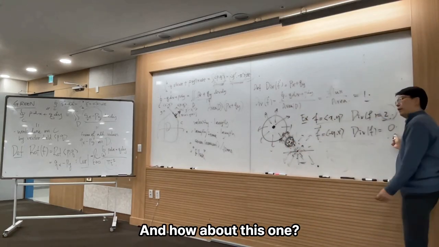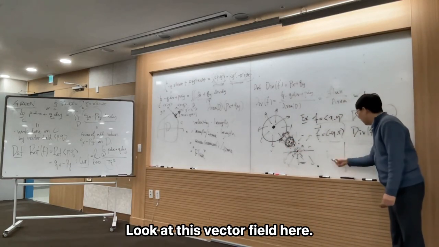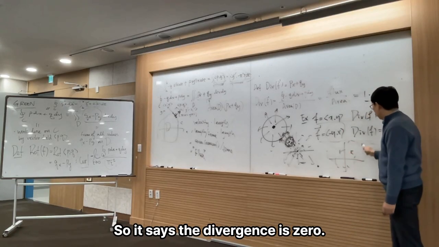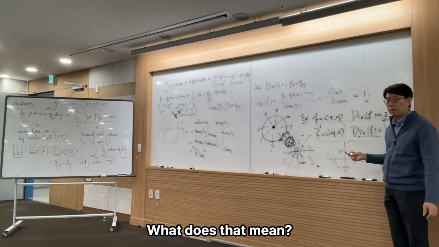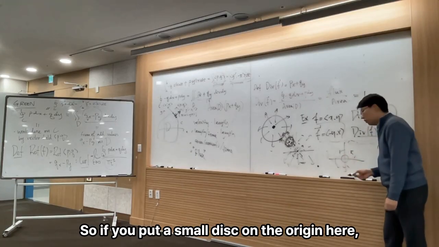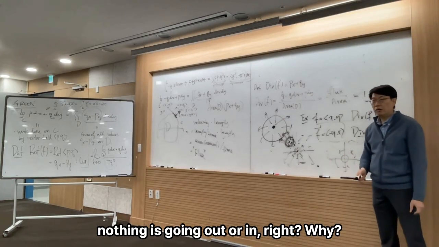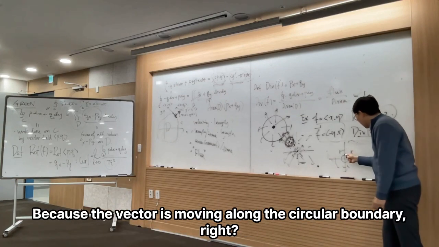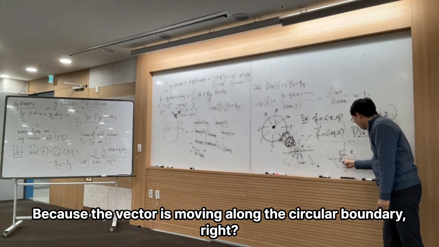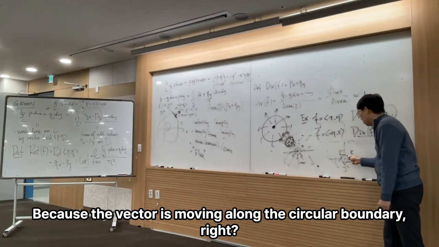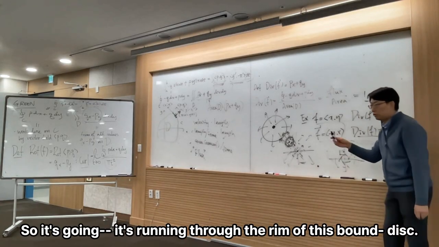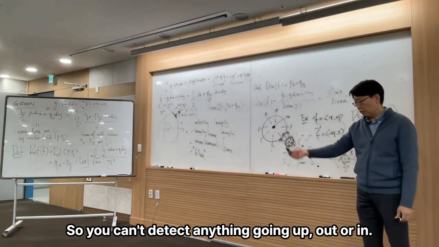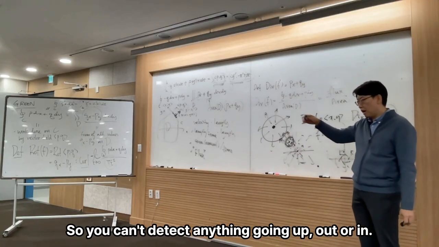And how about this one? Look at this vector field here. It was something like rotating, right? It says the divergence is 0. What does that mean? If you put a small disk on the origin here, nothing is going out or in, because the vector is moving along the circular boundary, running along the rim of this disk. So you can't detect anything going out or in.